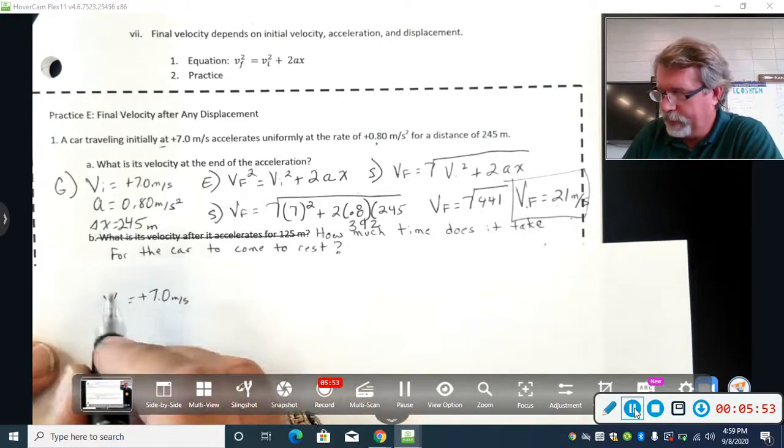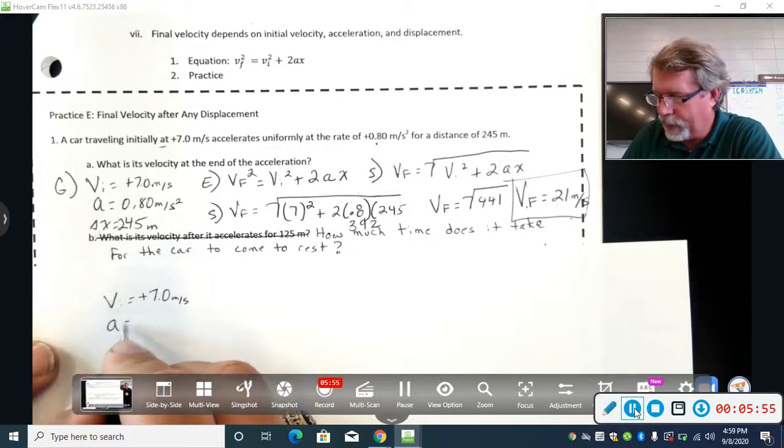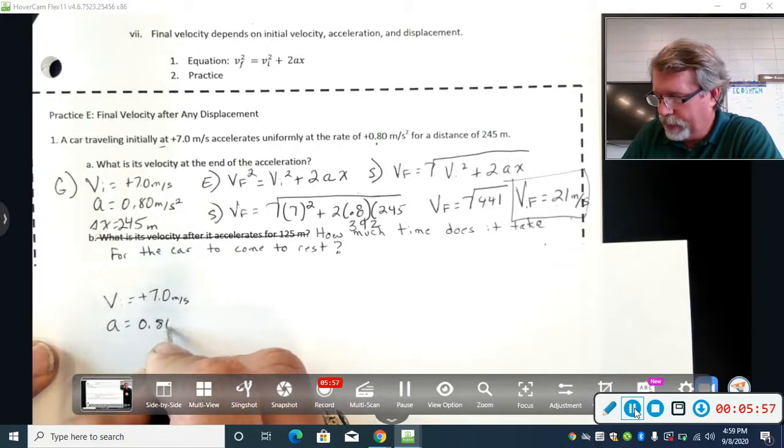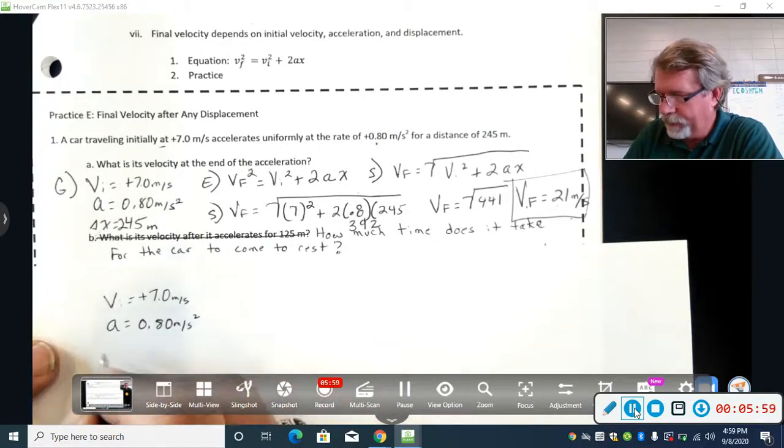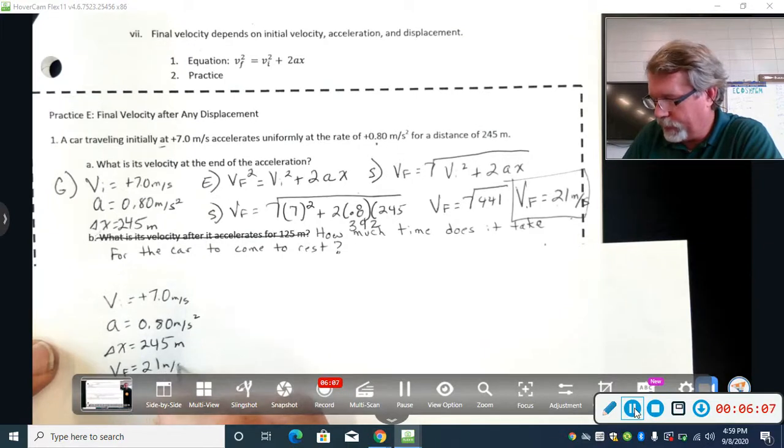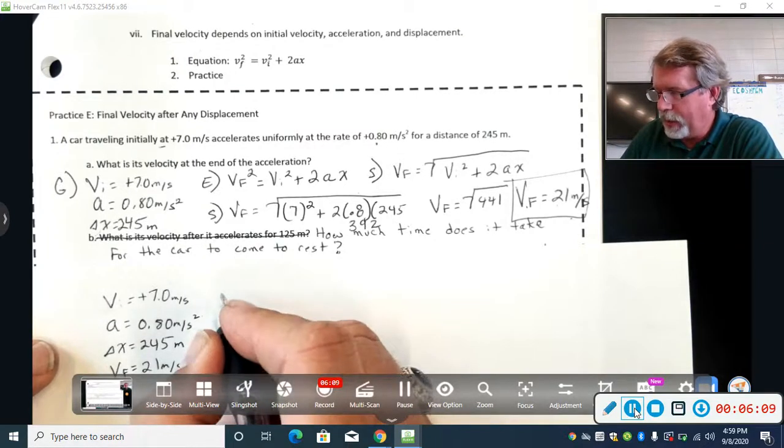Initial velocity, 7 meters per second. Acceleration, 0.80 meters per second squared. And the distance, 245 meters. And the final velocity is 21 meters per second.